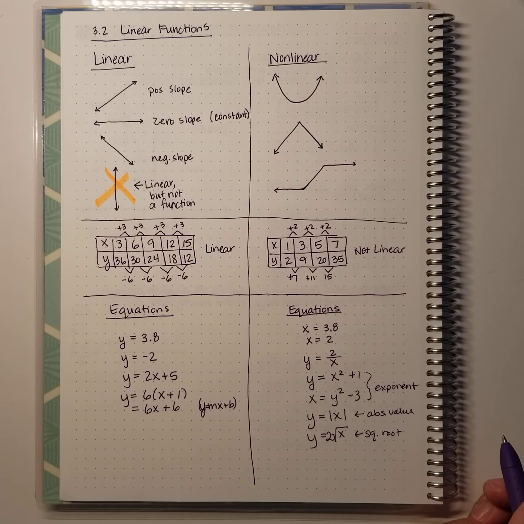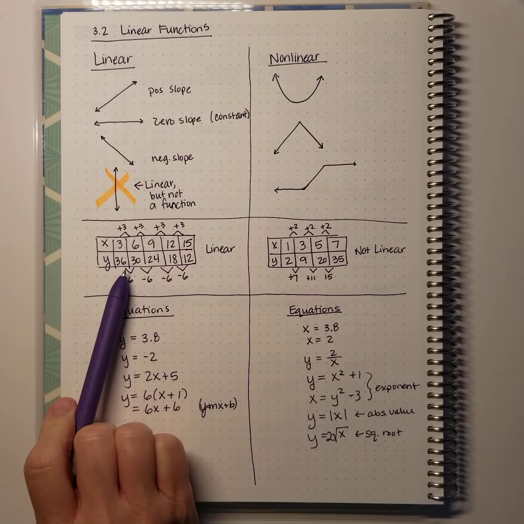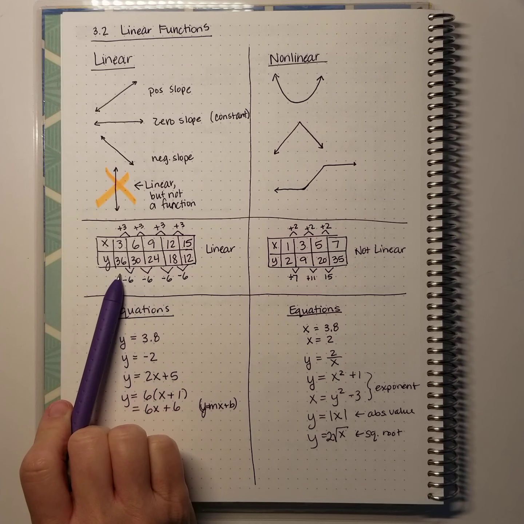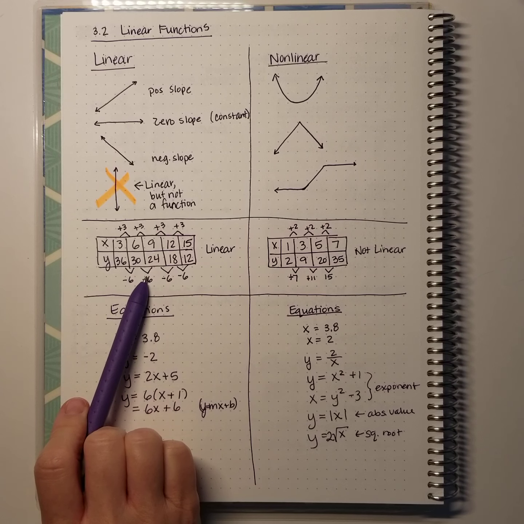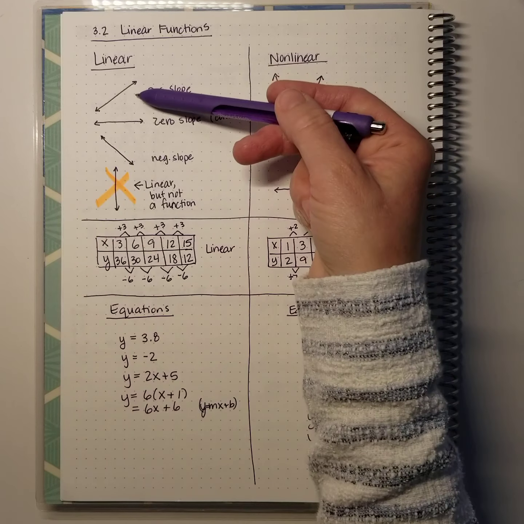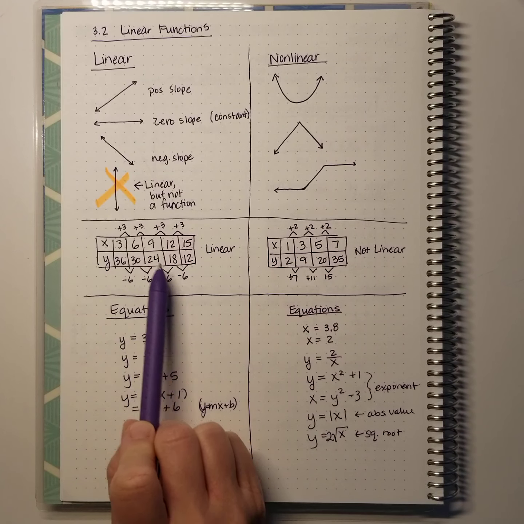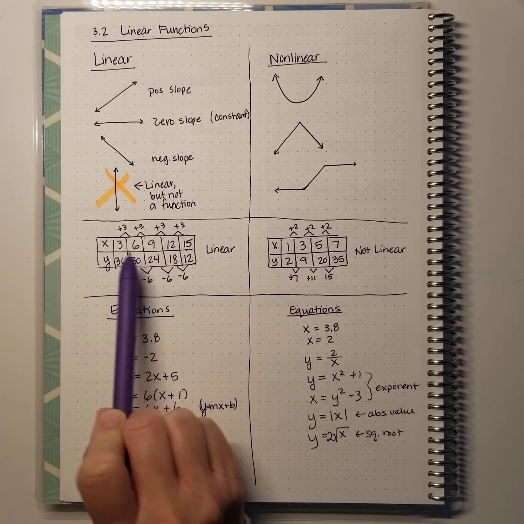Okay, so again, we're looking to be able to represent things with equations or an input-output table, which could also be written as a list or a mapping diagram, or you might see it on a graph. But we're looking for positive slope, negative slope, zero slope, constant change in x and y for the entire list.